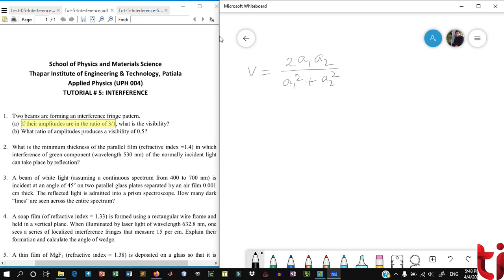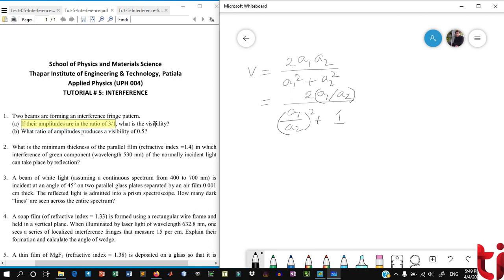What are these a1 and a2? a1 and a2 are the amplitudes of the two beams which are interfering. So in this problem, we are interested in the ratio of the two, so let's convert this formula into ratios. The formula would convert into 2 times a1 by a2, divided by a1 by a2 squared plus 1.